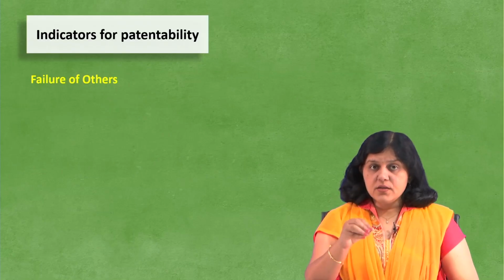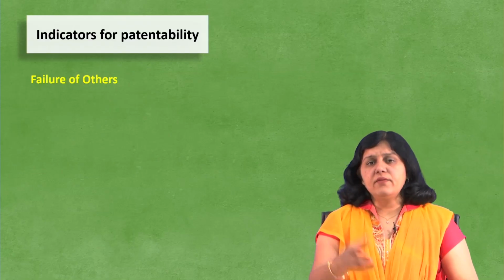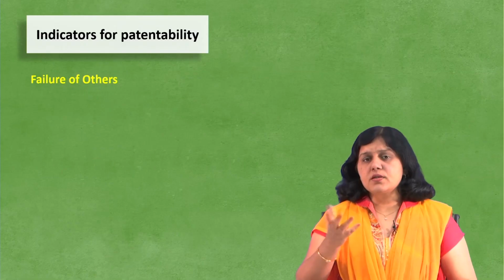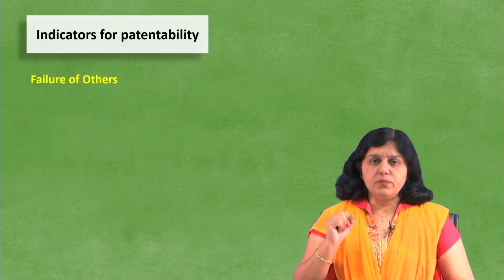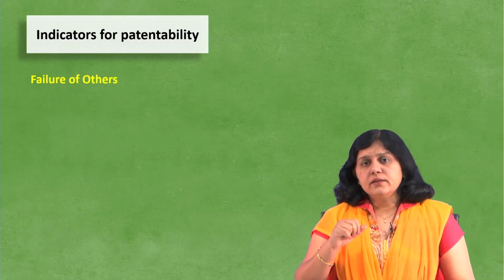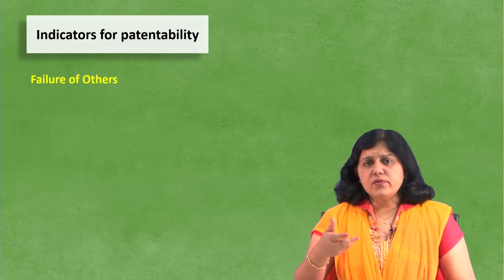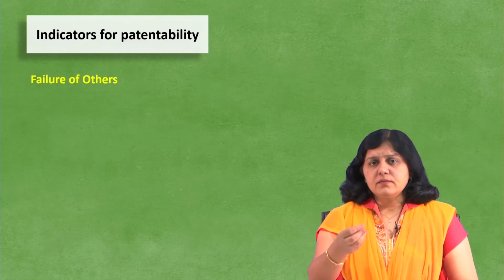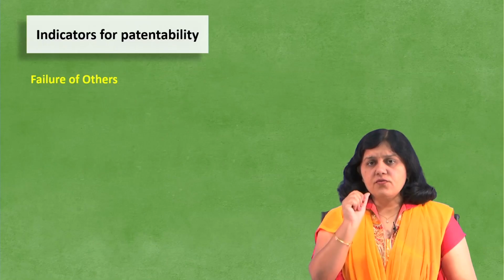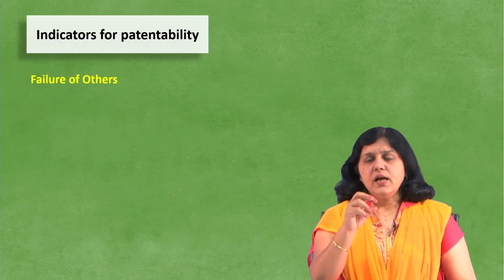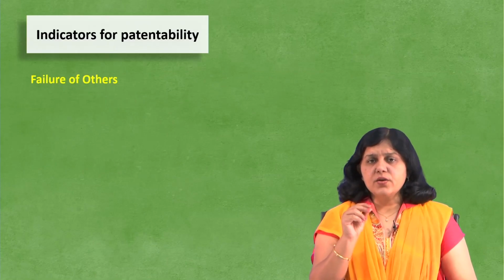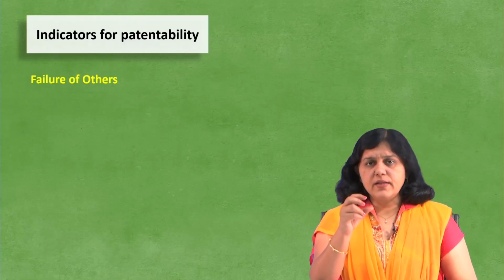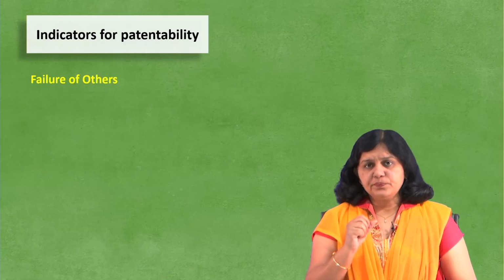So for others who were working, I will give you another example. Suppose somebody is working in the agricultural domain, on the method for removing the cover, or the husk, of, say, rice.